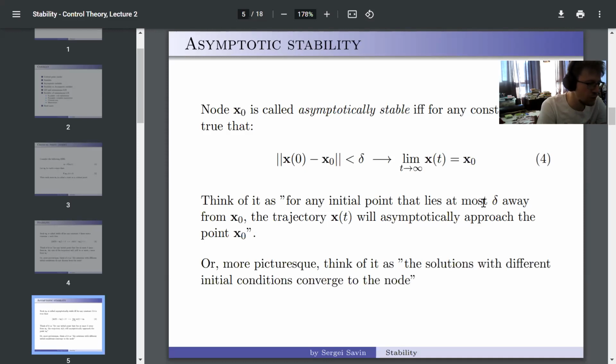All right. So I hope this is clear. We can say this whole thing as all solutions with different initial conditions converge to the node. That is how we can shortly designate this whole problem. Okay.